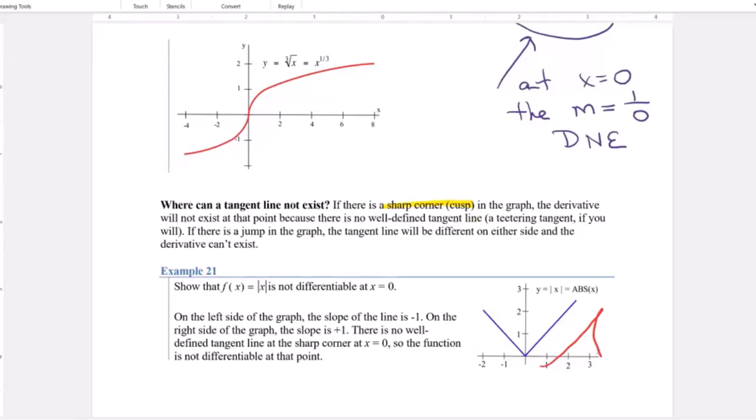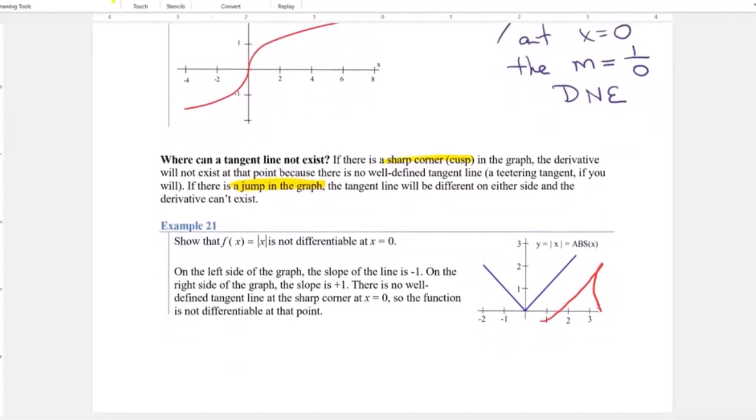The derivative will not exist at those points because there's no well-defined tangent line, a teetering tangent, if you will. If there's a jump in the graph, that's not continuous, so we know that we can't take the derivative. The tangent line will be different on either side, and the derivative cannot exist. So jumps, no. Sharp corners, no. Cusps, no.